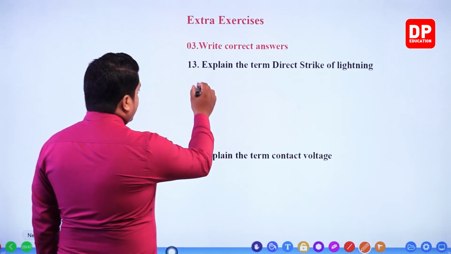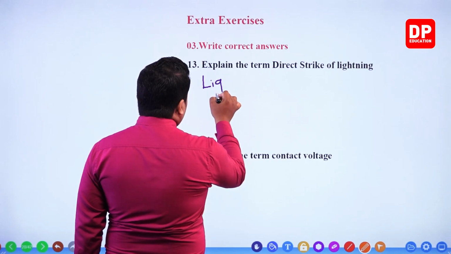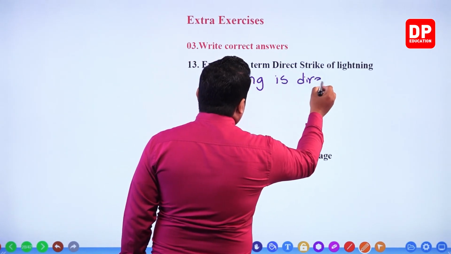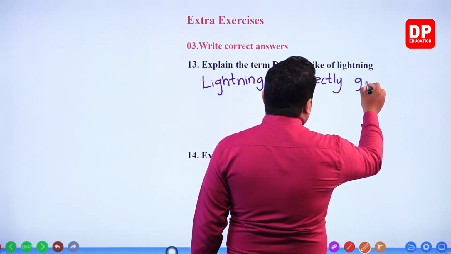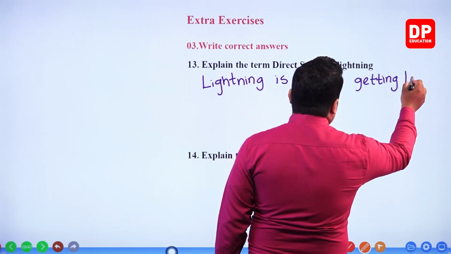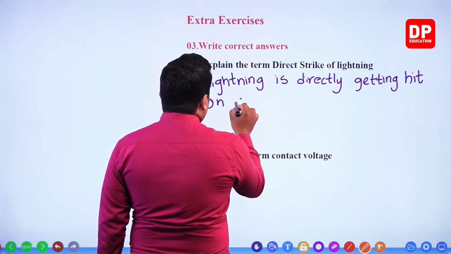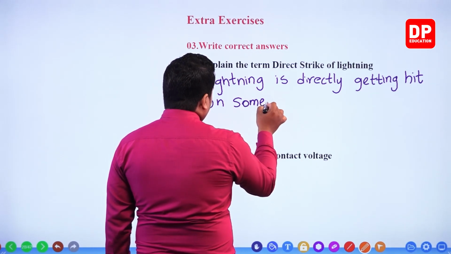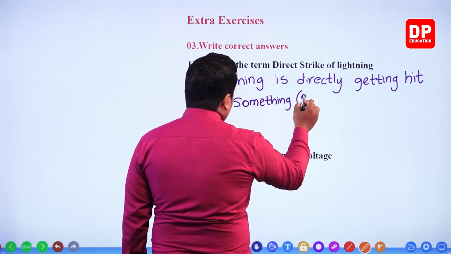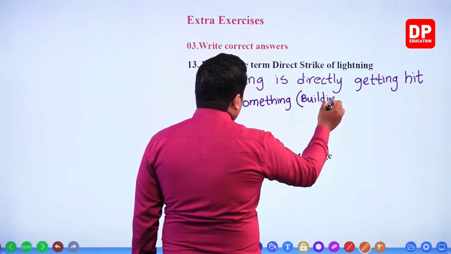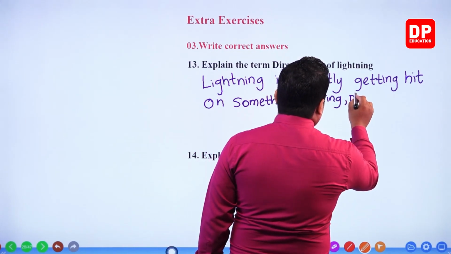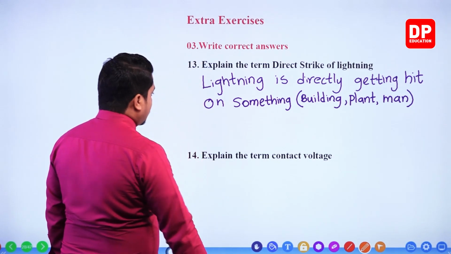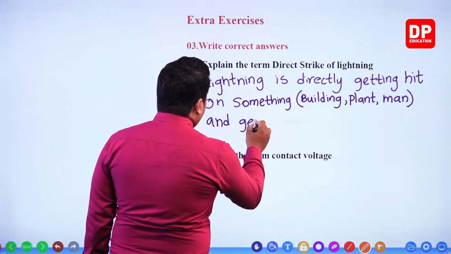Okay, so lightning is directly getting hit on something, building, plant, man, and getting earthed.